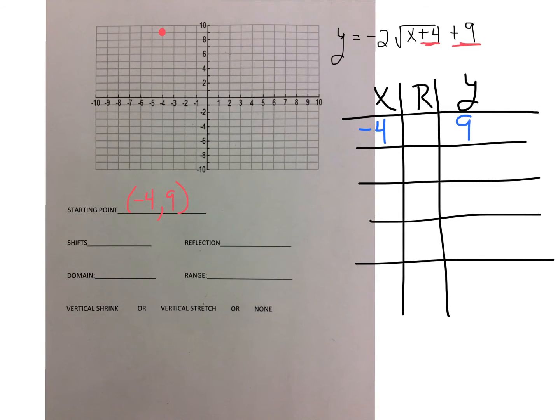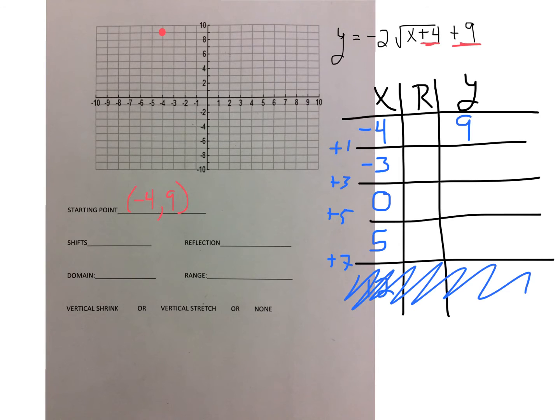Knowing my shortcut, I'm going to do +1, +3, +5, +7 if you want to go crazy with this. So -4 plus 1 is -3. -3 plus 3 is 0. 0 plus 5 is 5. And this is going to go to 12 because 7 plus 5 is 12. Obviously this 12 is going to go off our graph, so I'm not all that worried about that one.